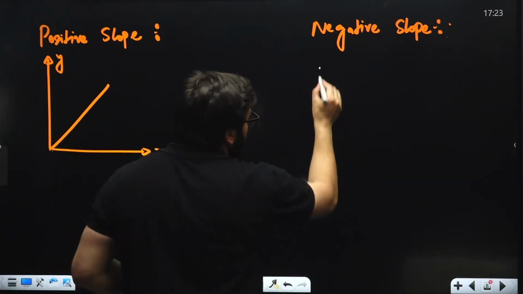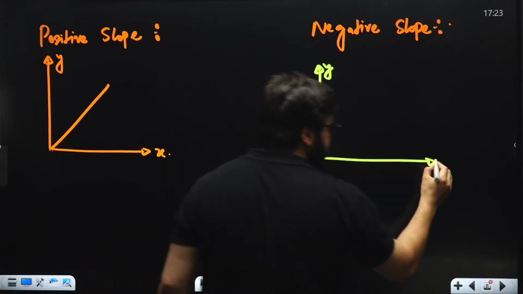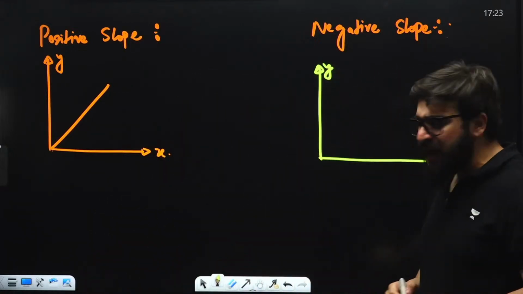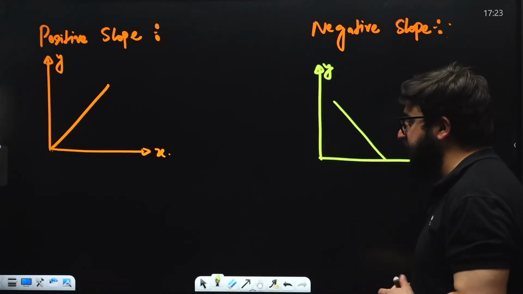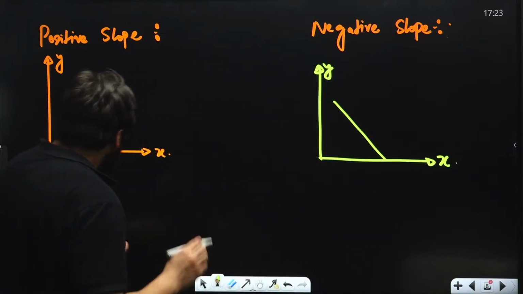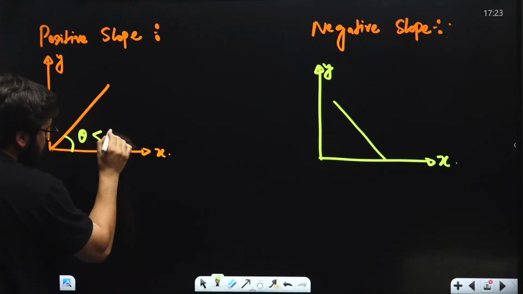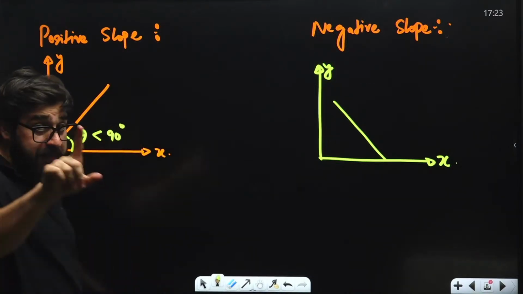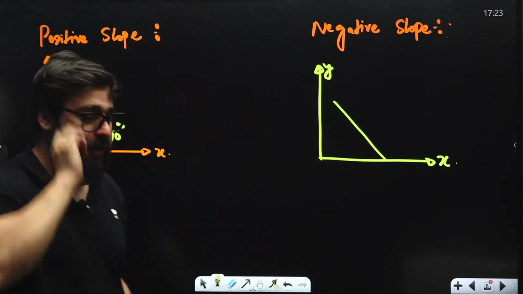Next case, this is the y-axis and this is the x-axis, and in this case the graph is, let's suppose, something like this. Clearly we can see this angle is less than 90 degrees. Guys, remember this, and every question will be solved.